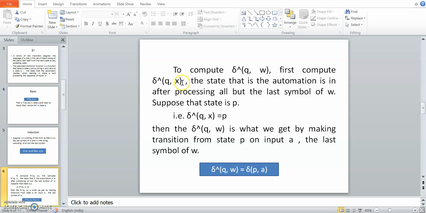Say we are in that state P, so the extended function of Q and X is equal to P.